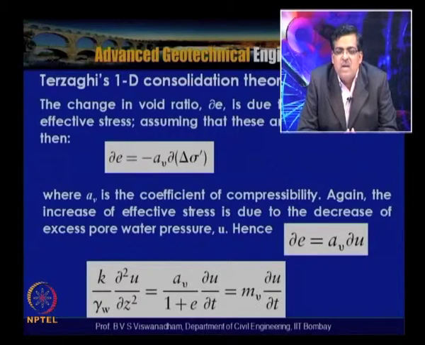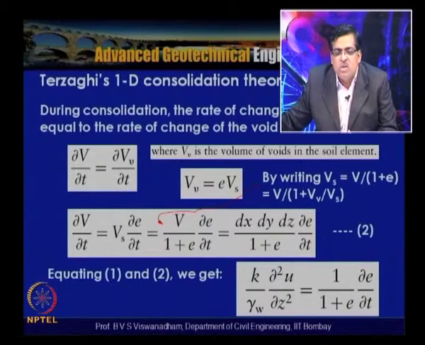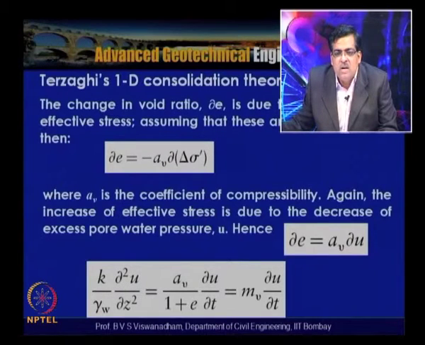So we can write the previous equation, k by gamma w ∂²u by ∂z² is equal to 1 by 1 plus e ∂e by ∂t. What we have done is substitute ∂e by ∂t is equal to av into ∂u by ∂t. So k by gamma w ∂²u by ∂z² is equal to av by 1 plus e into ∂u by ∂t.